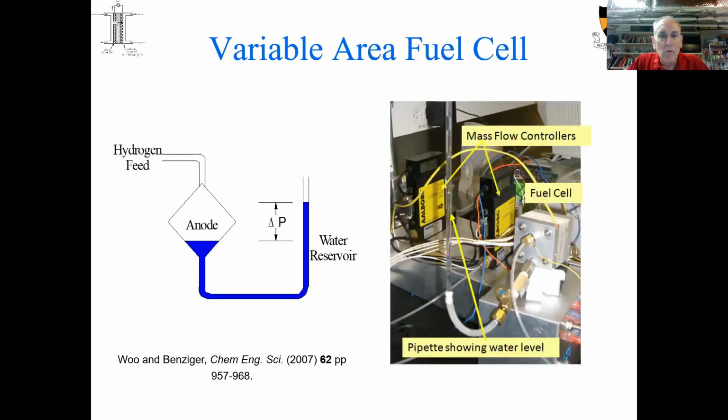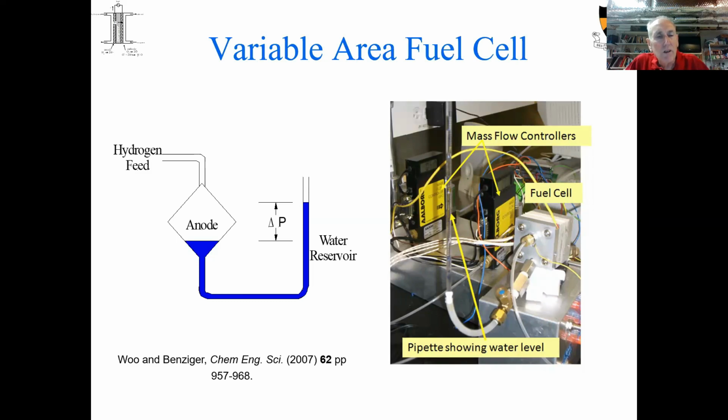Here's our fuel cell, you can see it at the anode, and then there's a water reservoir. If we increase the hydrogen feed rate, it puts a higher pressure on to push water down, and that means more of the anode area is exposed to gas and not water.